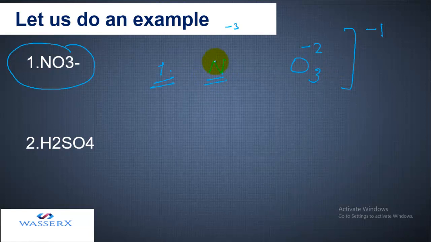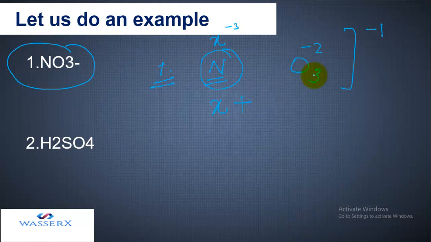So in this case, I'll find the oxidation state for N. Let us keep the oxidation state of N as X because it is unknown to me. So let's add up now. X is the oxidation state for N, for which we have to calculate. They are different atoms, so we are putting a plus sign.